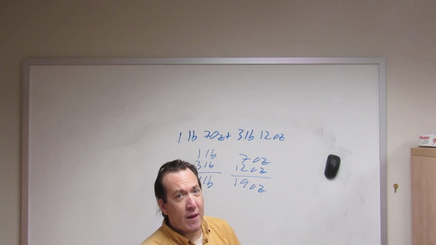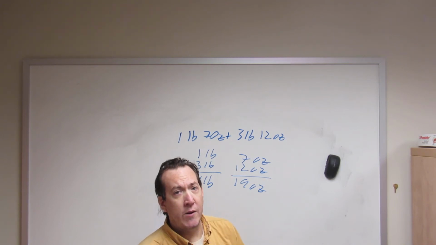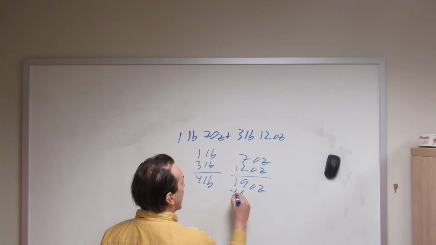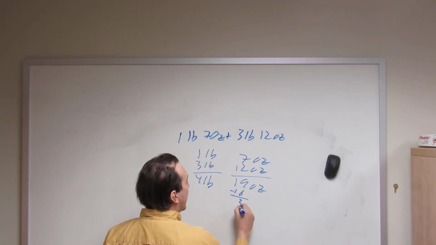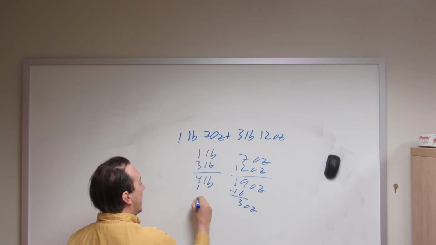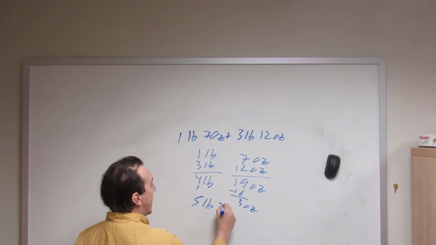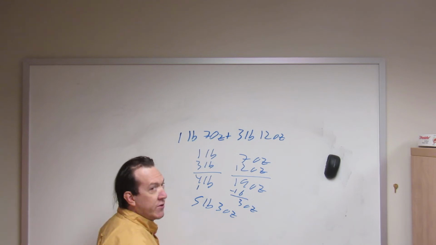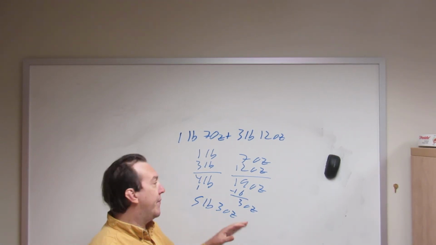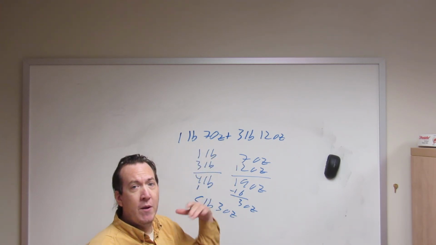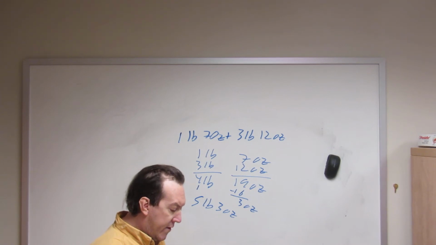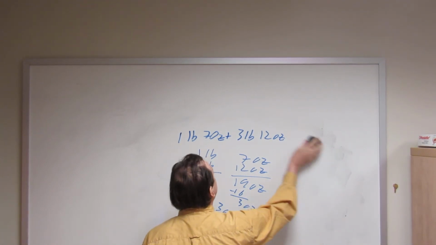But there are 16 ounces in a pound, so subtract 16 from this and we get 3 ounces, and so we add the 1 pound, so our answer will be 5 pounds 3 ounces. Make sure you do that. Again, it won't be written on this problem, but how many ounces are in a pound is on one of the previous questions.